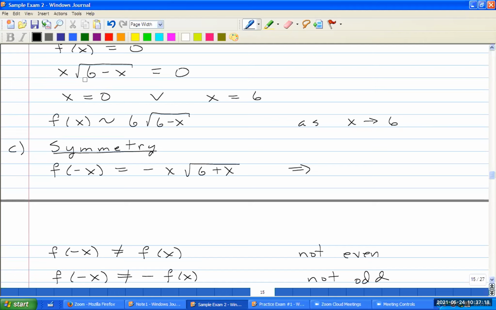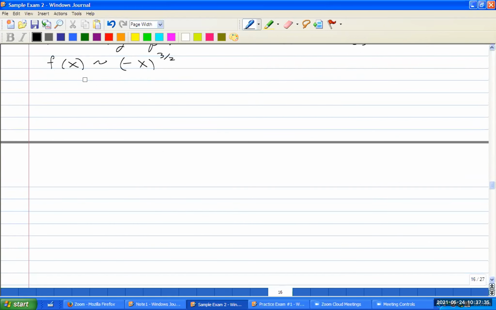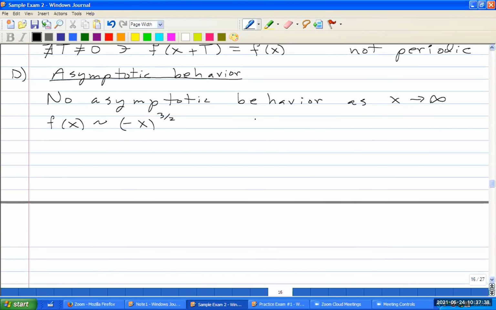And so it looks like x times the square root of negative x. And so that's an x to 3/2, so a negative x to the 3/2 power as x approaches negative infinity.